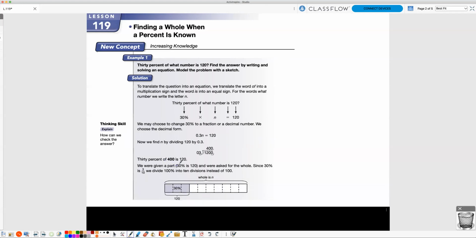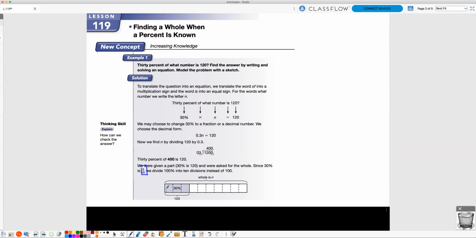We were given the part, 30%, which is 120, so we know that, and we were asked for the whole. Since 30% is 3/10 as a fraction, you know that there's 10 equal parts. Each of those equal parts has 10% inside of it.